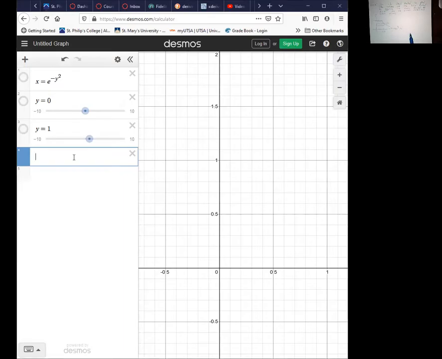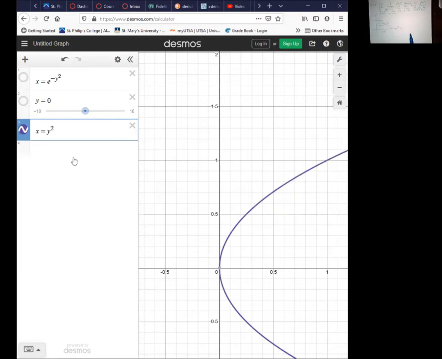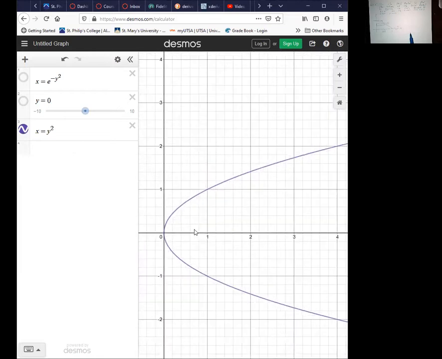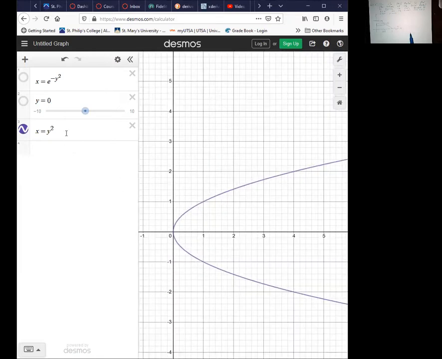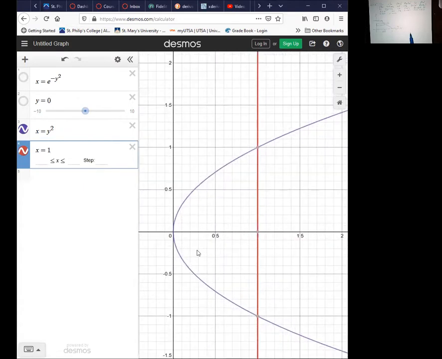Let's say we had y equal to x squared, and I wanted to find this area.